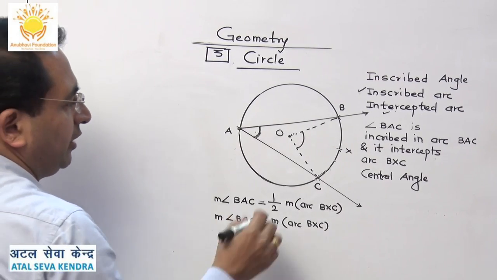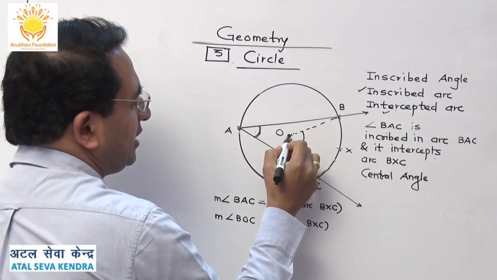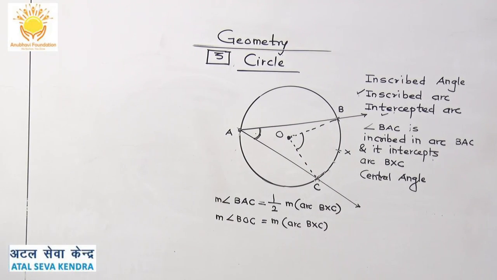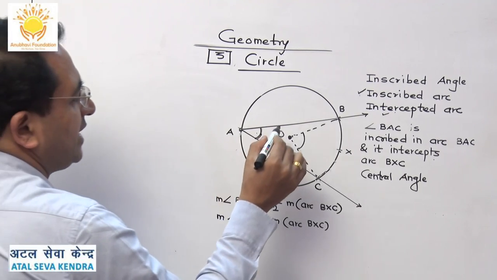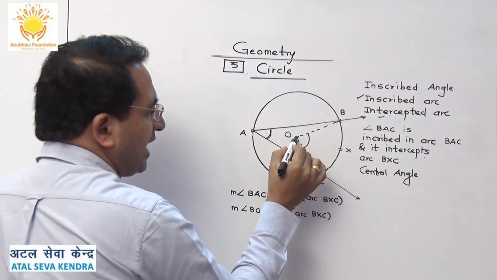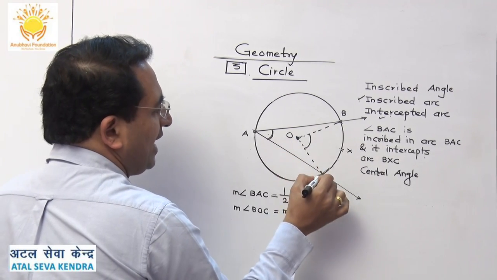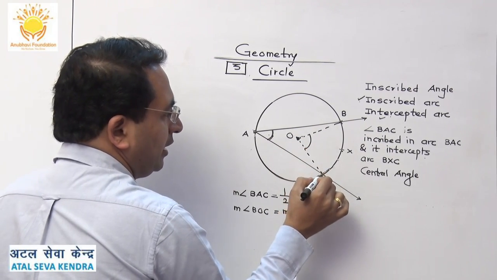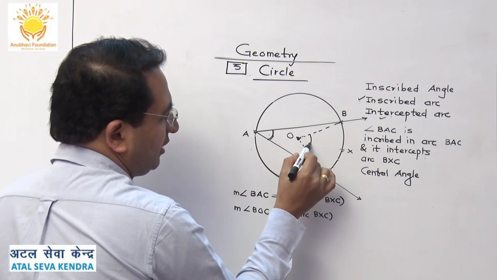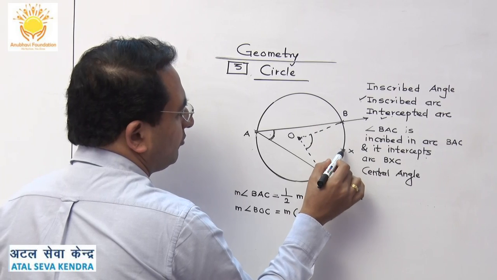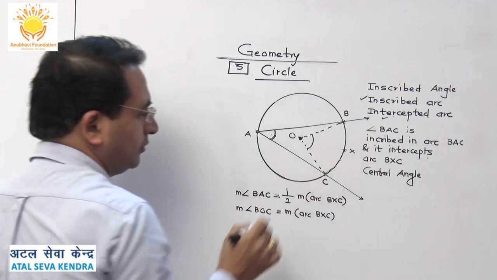Remember one more thing, this angle is not placed on the circumference. This is an angle formed at the center. That angle BOC is called the central angle, and its measure is the same as the measure of the corresponding minor arc.